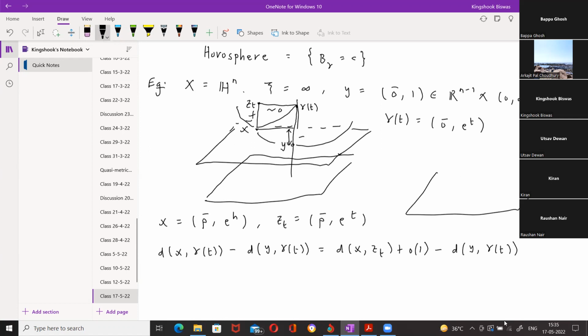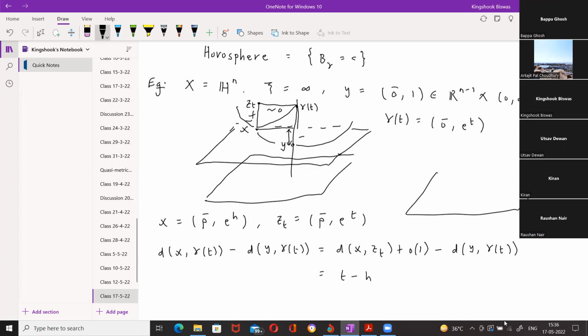So then what is the distance from e to the h to e to the t? It's t minus h, right? It's just t minus h.